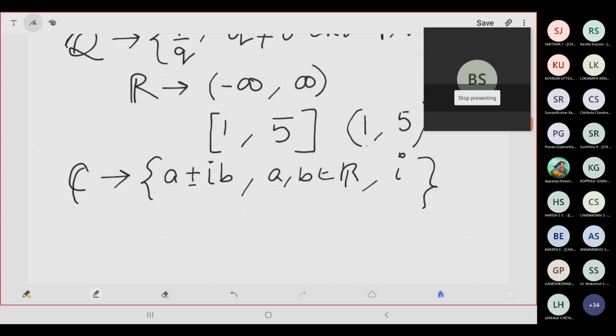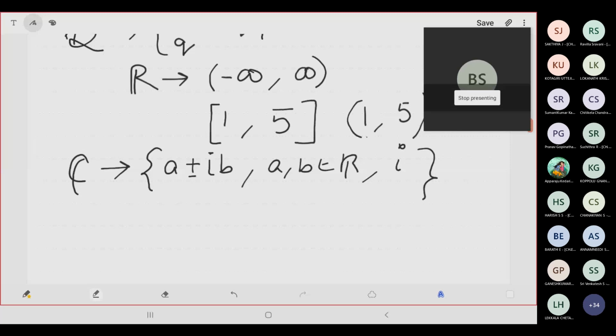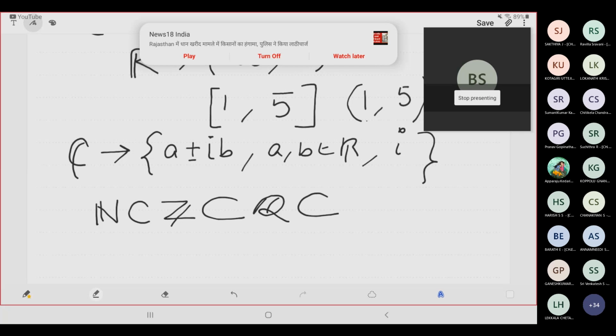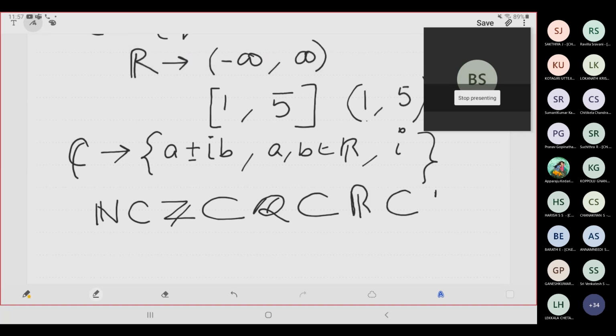Okay. And in 10+2 standard, you have already done this. The set of natural numbers is a subset of the set of integers, the set of integers is a subset of the rationals, the set of rationals is a subset of the real numbers, and the real numbers are a subset of the complex numbers.